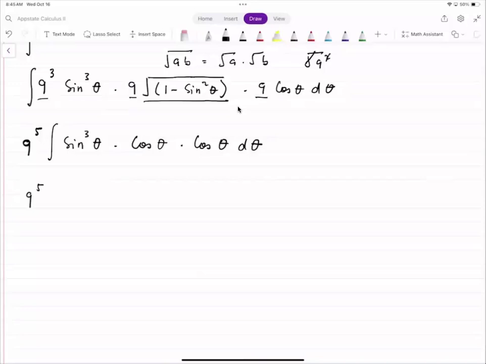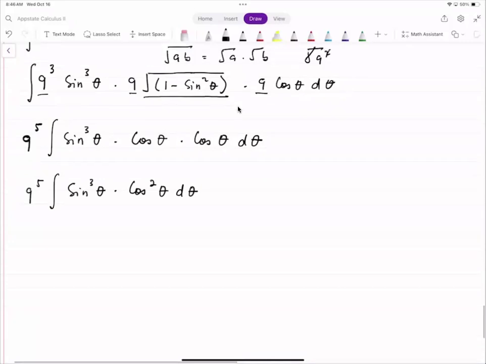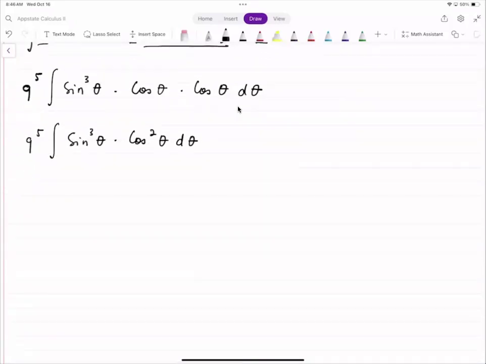9 to the power 5 integral of sine cubed theta times cos squared theta d theta. Now, does this look familiar to you guys? Remember the topic, section 3.2, when we tried to solve situations like this.